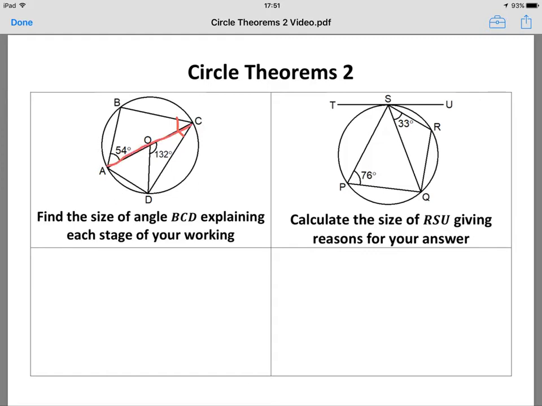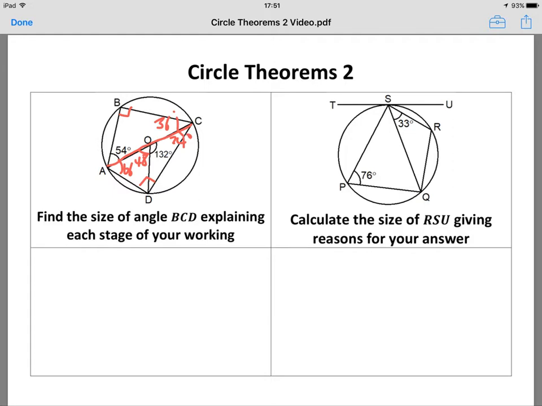Okay, we could do it by saying, well, that's 90, and working out the other angles. This one here is 36, and this here is 48, and that would therefore be 66, and so therefore this one up here would be 24, and then add them up.